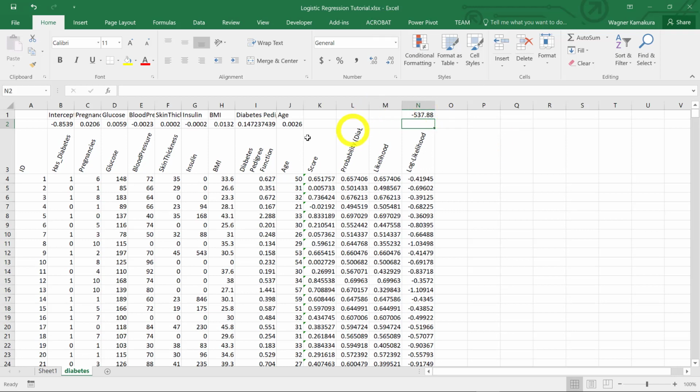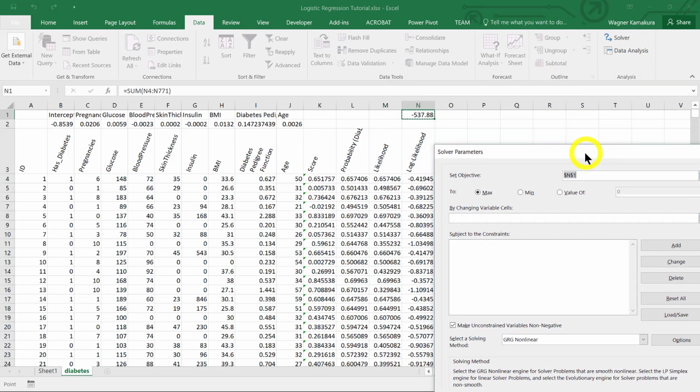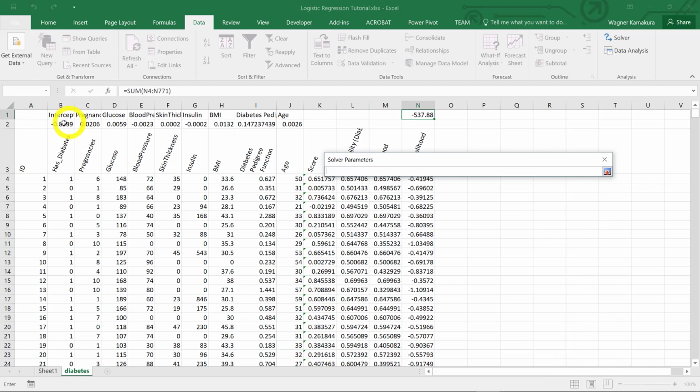Now we can find those weights that I'm highlighting. What should those weights be so that the sum of log likelihoods is the largest possible? In other words, what set of weights will make the observed events most likely? We can do this using Solver. What is our goal here? We want to maximize the log likelihood, which is in cell N1, by varying the range that I highlighted before.